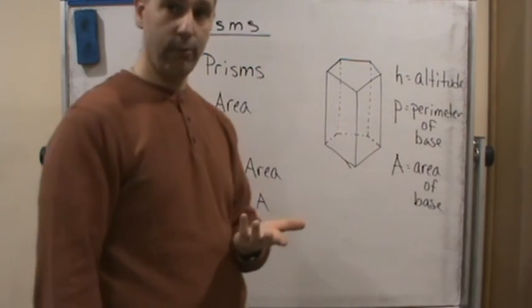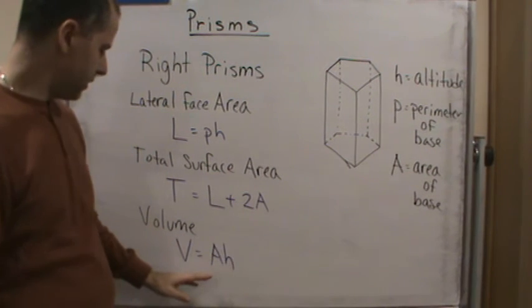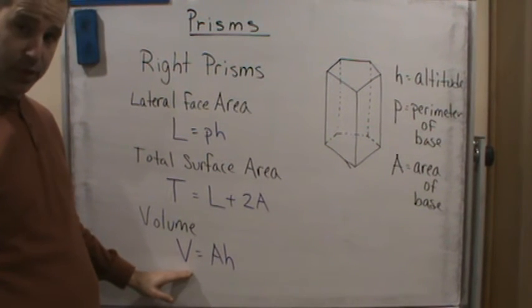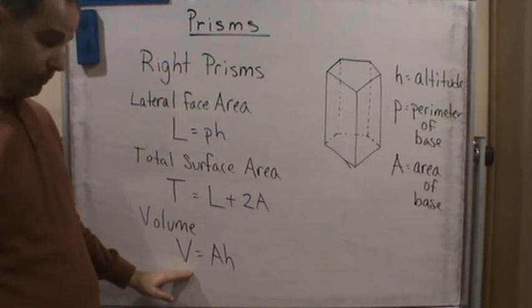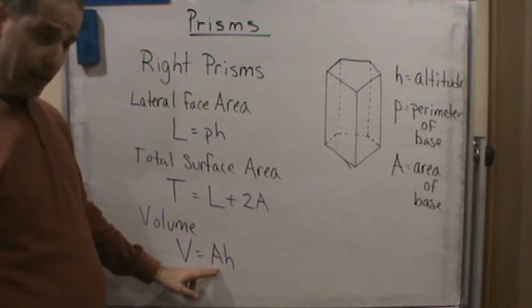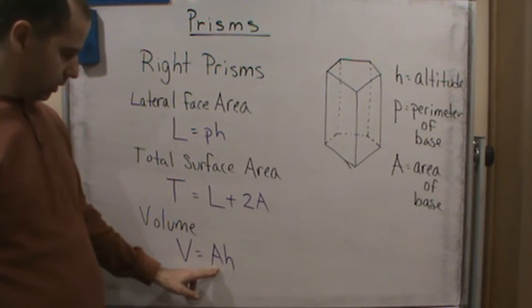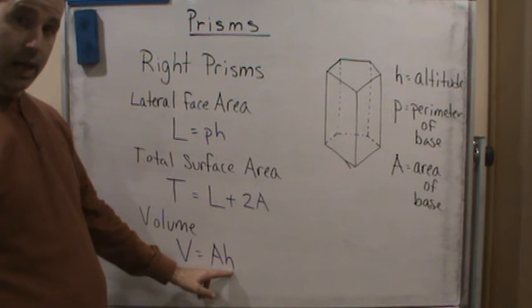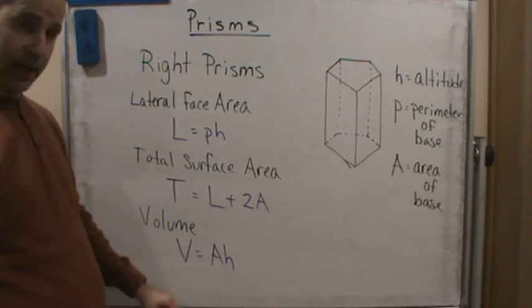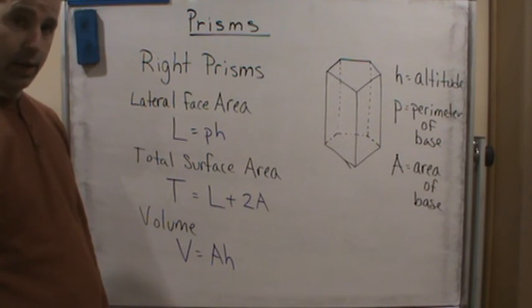We end up getting volume. And it should make sense because volume is a 3-dimensional value, right? Well, if we take area, which is 2-dimensional, times height, which is 1-dimensional, we get a 3-dimensional calculation, which is volume, okay?